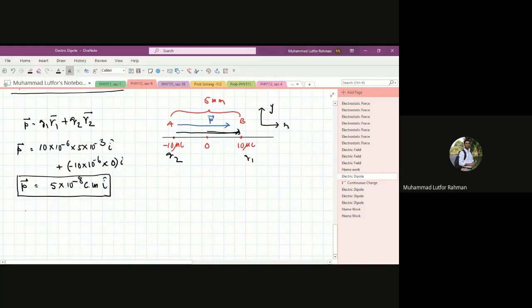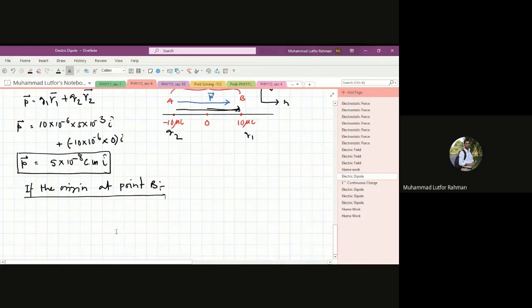if the origin is at point B, then what can we write?